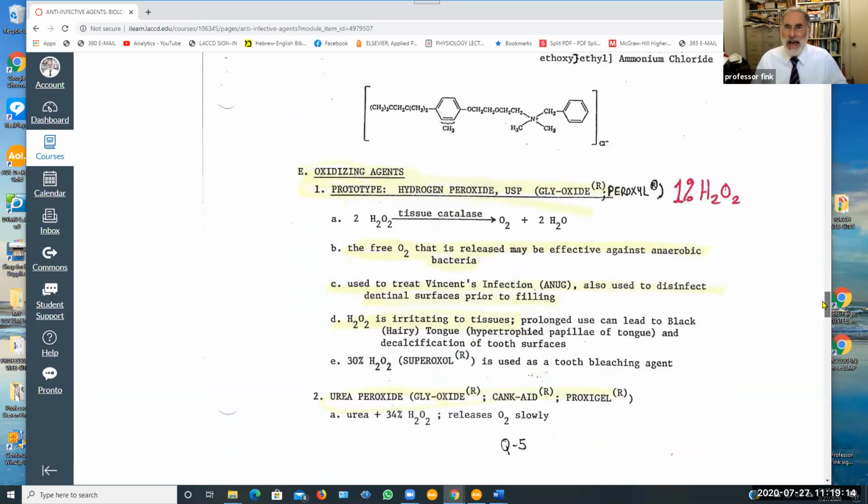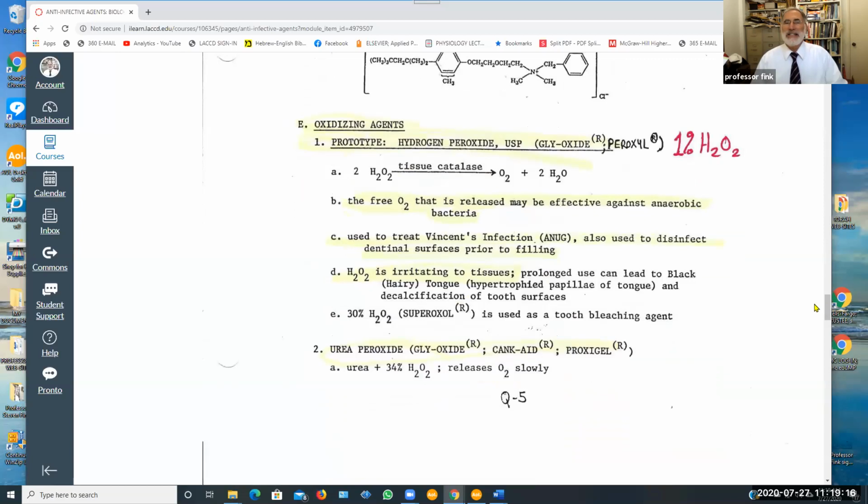A fifth class of antiseptics are the oxidizing agents. These are very important. They include hydrogen peroxide, sold generically, and it goes under a number of brand names, including Peroxyl. What hydrogen peroxide does is it breaks apart and releases all this oxygen.